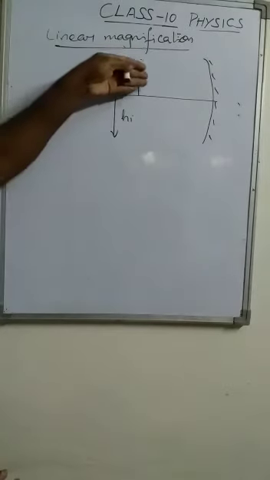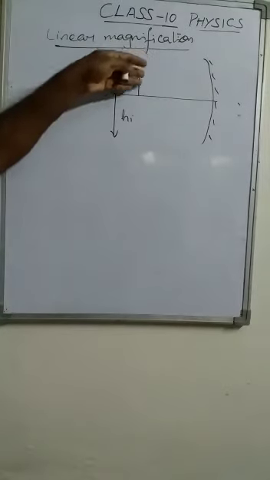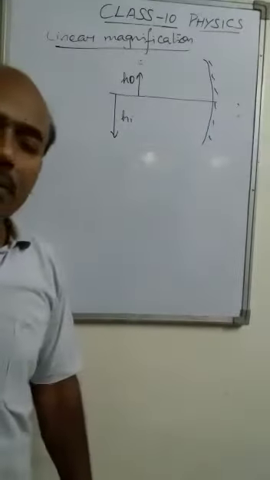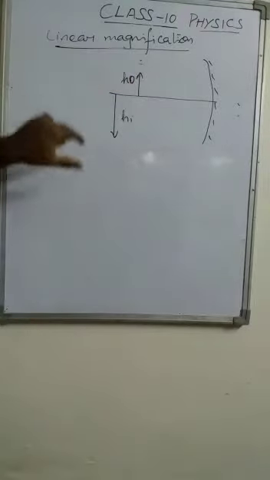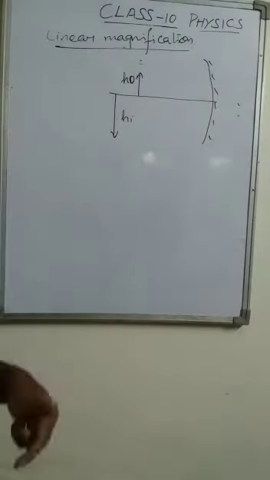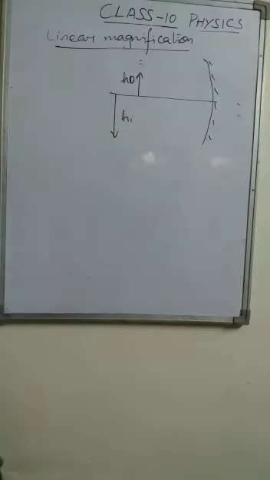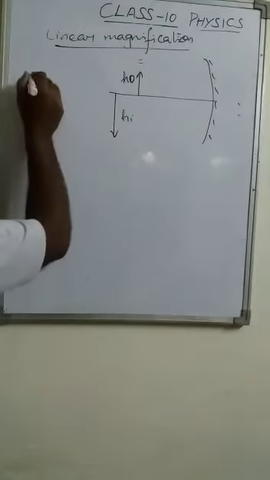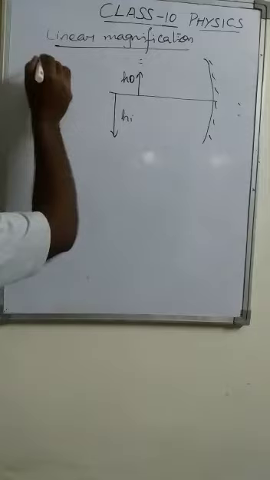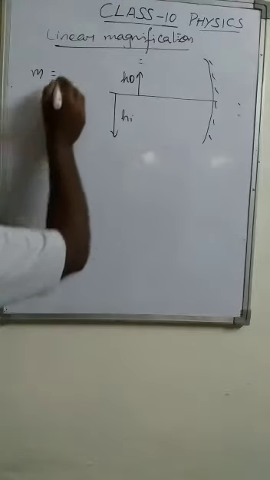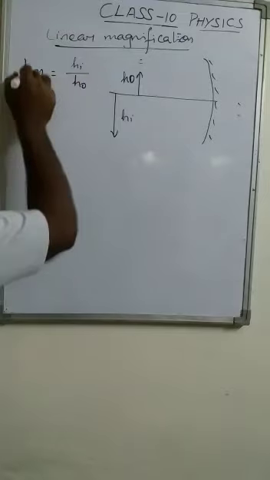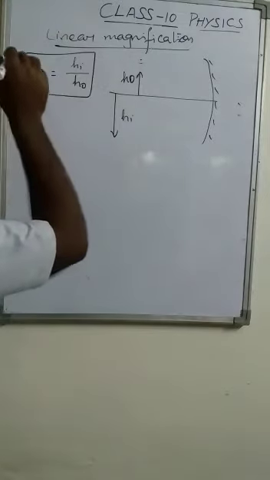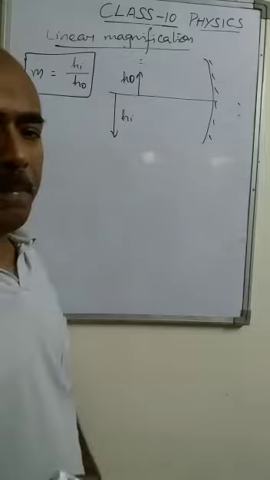It tells us the size of the image compared to the size of the object. Somewhere the size of the image is smaller, somewhere it is equal, somewhere it is bigger than the object. Then we can find out how many times the image is bigger or smaller than the object. So this is represented by small letter m. M equals the ratio of size of image to size of object. This is the linear magnification.